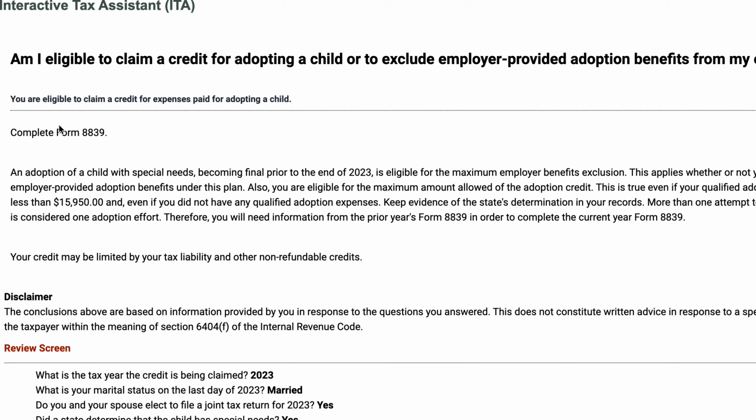Generally speaking, if you're not adopting a special needs child, then you would be able to combine those efforts, but there is a ceiling that applies to the combined amount of either excluded expenses that your employer paid that you're excluding from your income, or the expenses that you spent out of pocket that you're taking away from your tax bill. So those end up being able to add up to the maximum credit, usually this amount. So I just wanted to walk through this example.